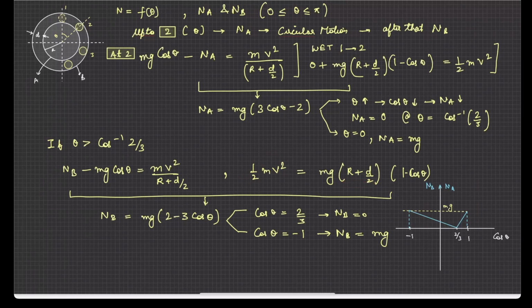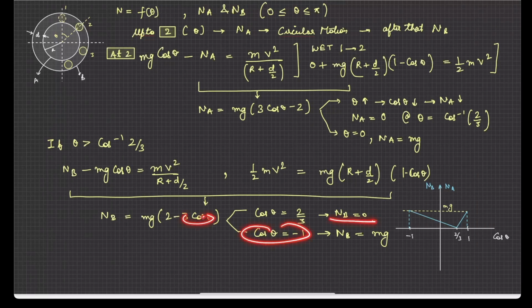From here to here is the distance covered. If NB is acting at this point, then the fall will be mg times R plus d by 2 into 1 minus cos theta. Okay, so from here if we solve these two equations, we get NB as mg(2 minus 3 cos theta), and at cos theta equal to 2/3 we get NB equal to 0.